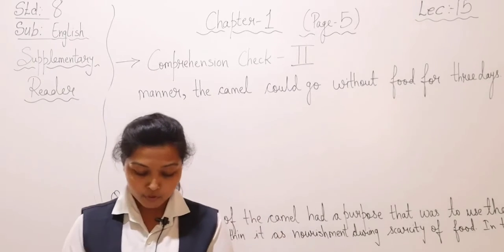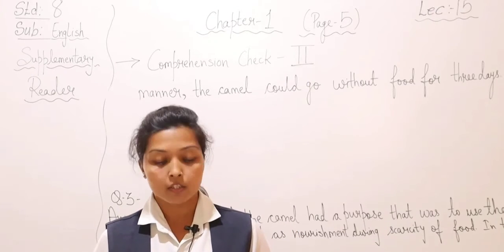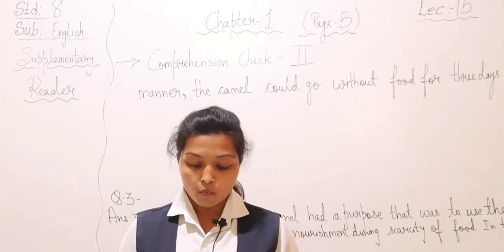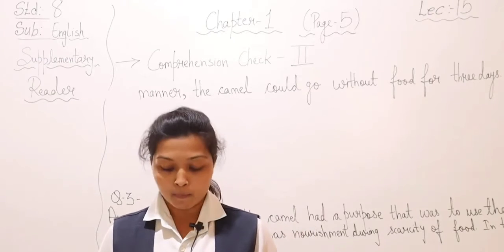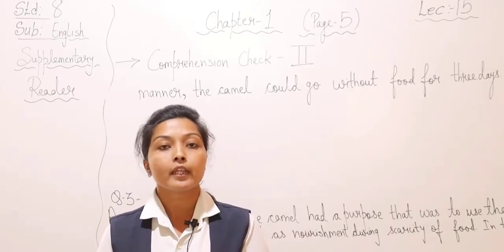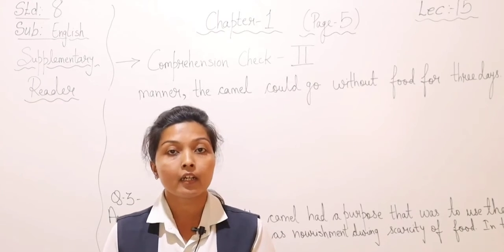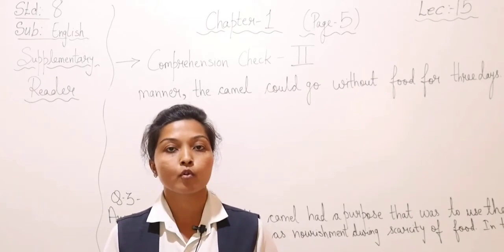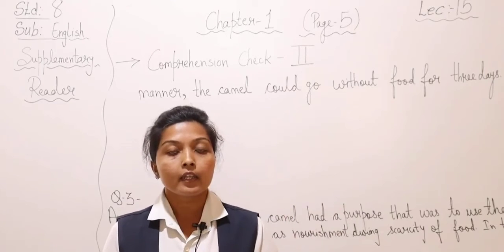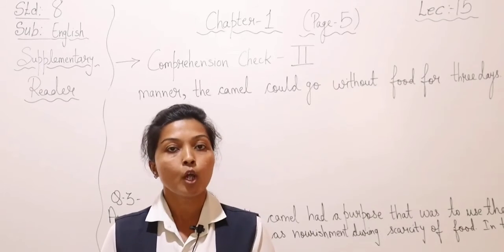Okay. Then after that, question 4. He has never yet learned to behave. In the light of this, what is the writer's opinion about the camel? The one sentence given at the end of the story says he has never yet learned, meaning from that starting time up to this day, he never learned how to behave.